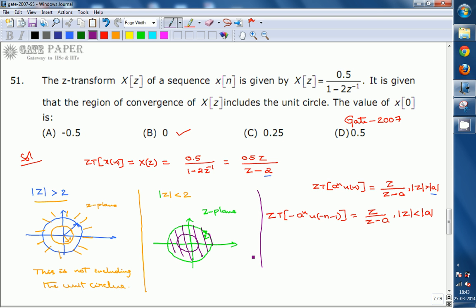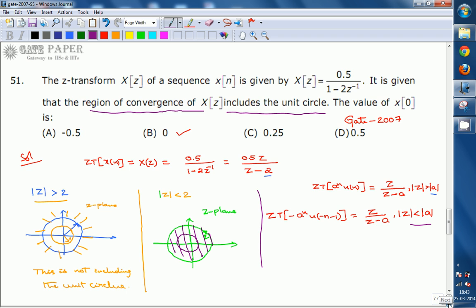For the given question, the region of convergence of X(z) includes the unit circle. So we consider x(n) for the mod z less than a case, that is minus a^n u(-n-1), as the inverse Z transform for this z by z minus 2.